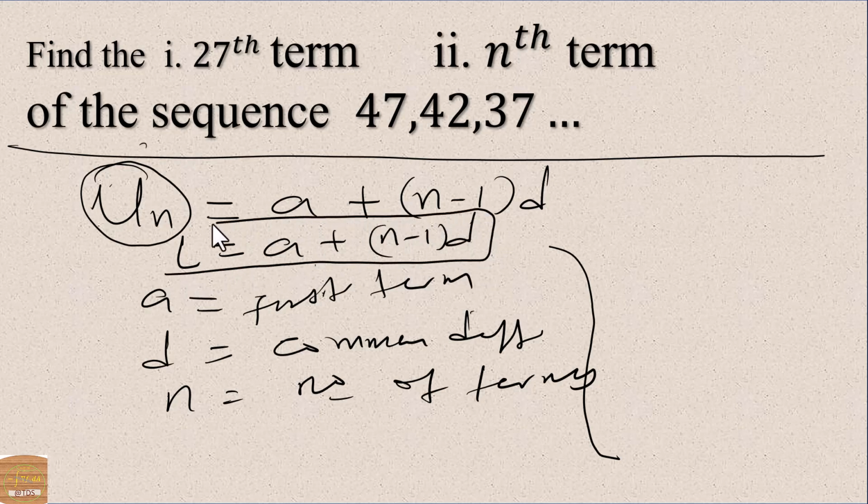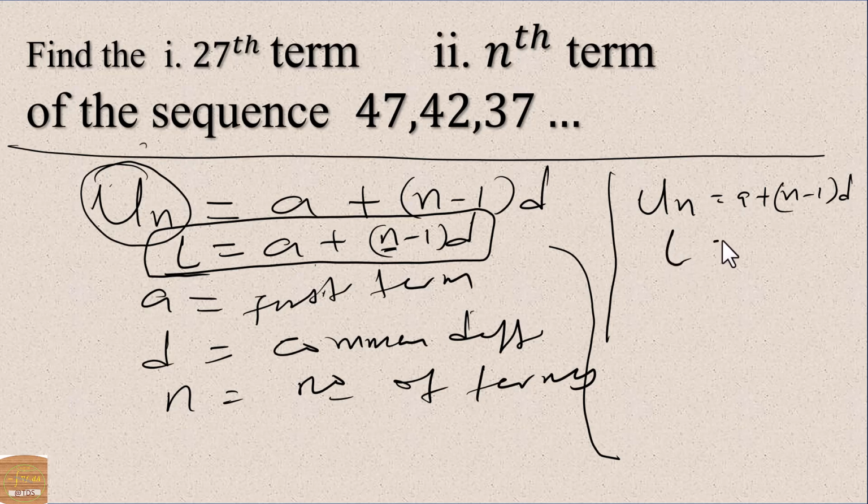And anytime they ask for the number of terms, they will give you the last term, that is L, so that you can find n. So we have Un equals a plus n minus 1 d, and if the last term is known, that is L, it becomes L equals a plus n minus 1 d.